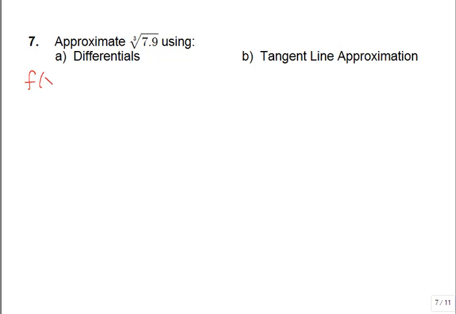We want to find the actual value f of x plus delta x. This is the bad point. And we're going to approximate it by using the good point plus the derivative at the good point times that dx. So let's see if we can identify what's our f, what's our x, what's our delta x, and all that good stuff, and then we can plug it all in.